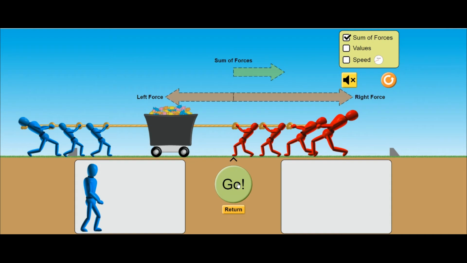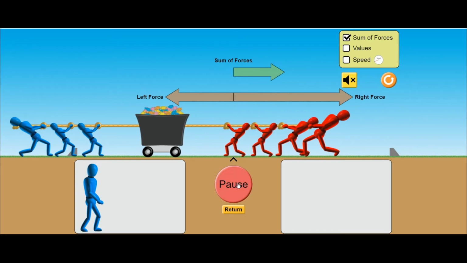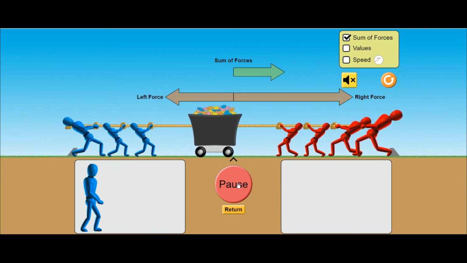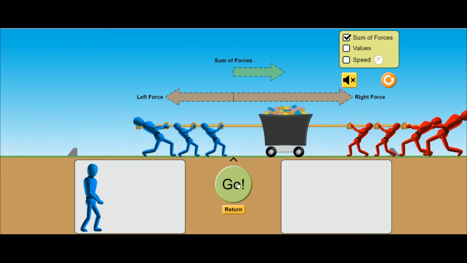However, if you know what direction the cart is moving, the force diagram will tell you what is going to happen. So this cart is currently moving to the left. If I keep the forces the way they are, what is going to happen to the cart? Let's find out. The cart is moving left, it slows down, comes to a stop, is moving to the right, and it is speeding up.